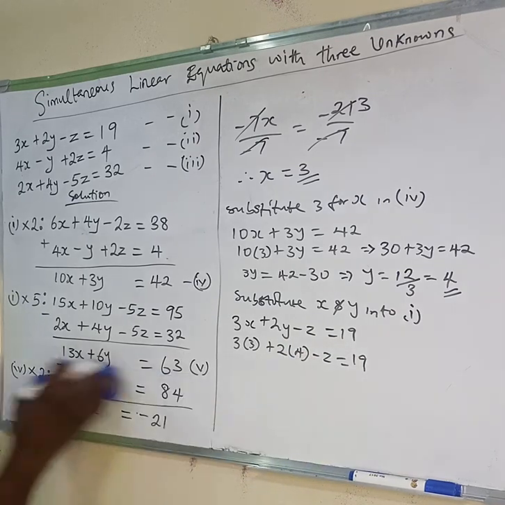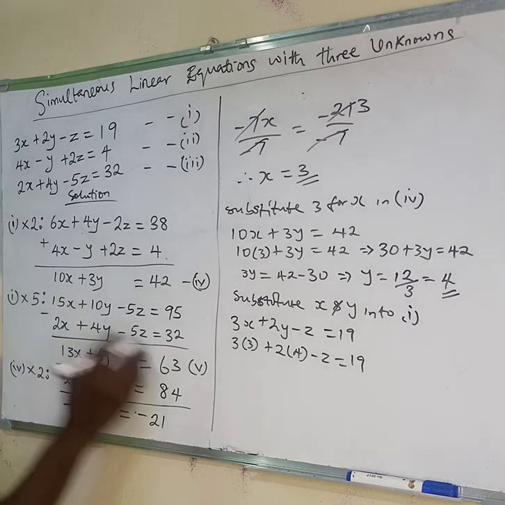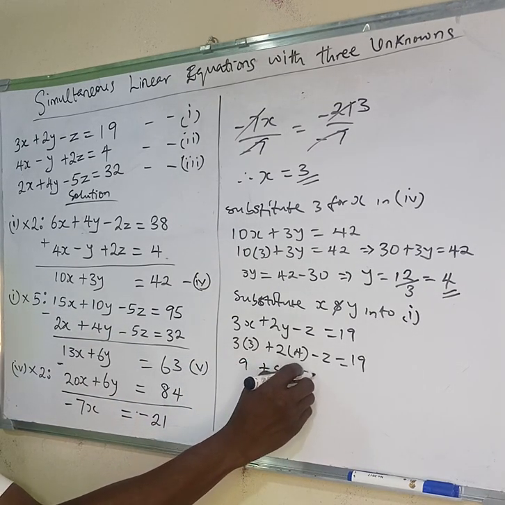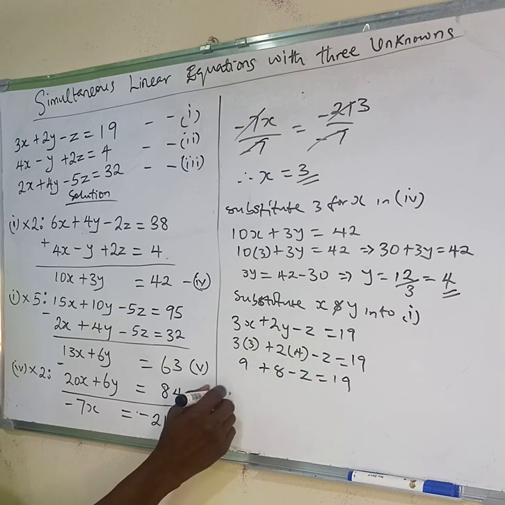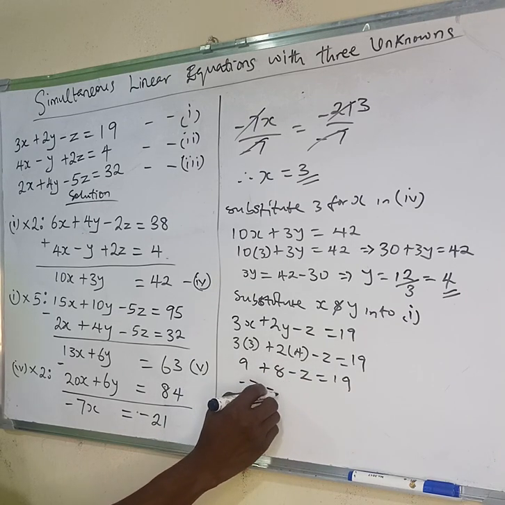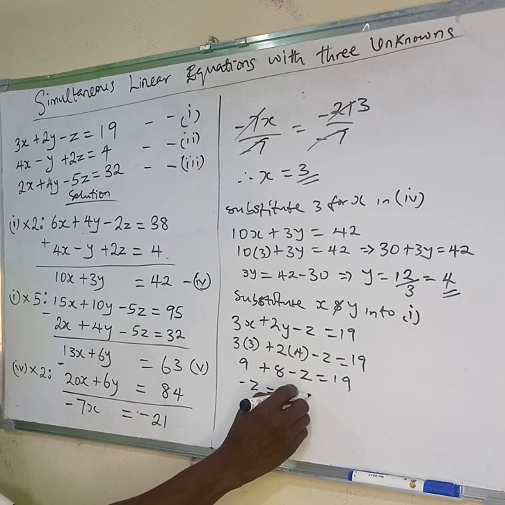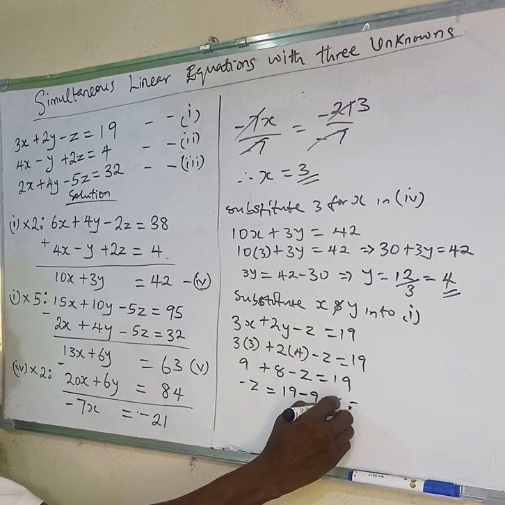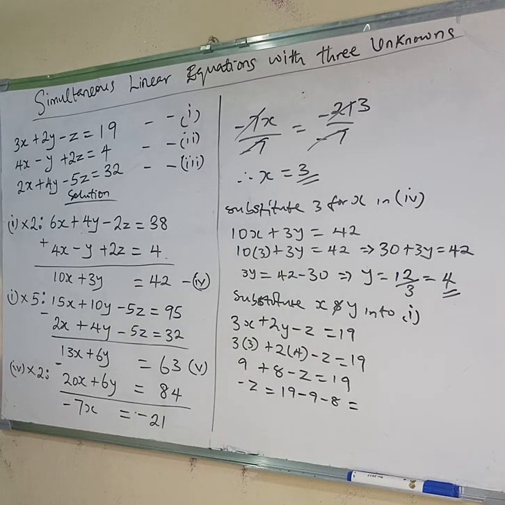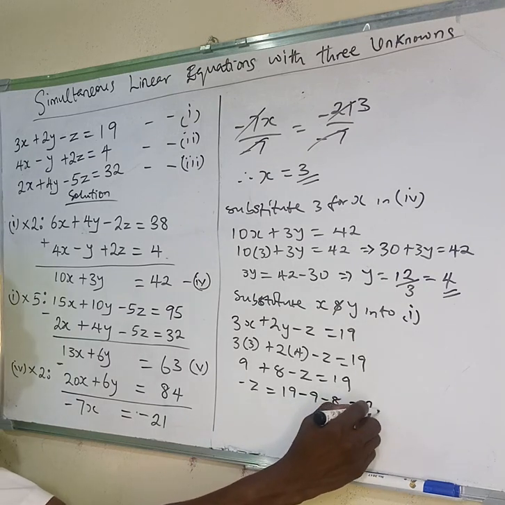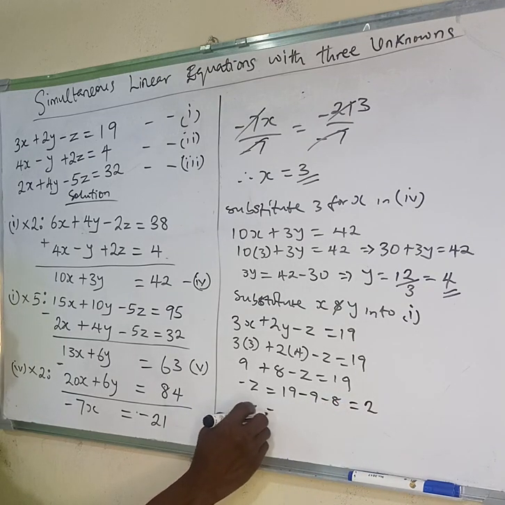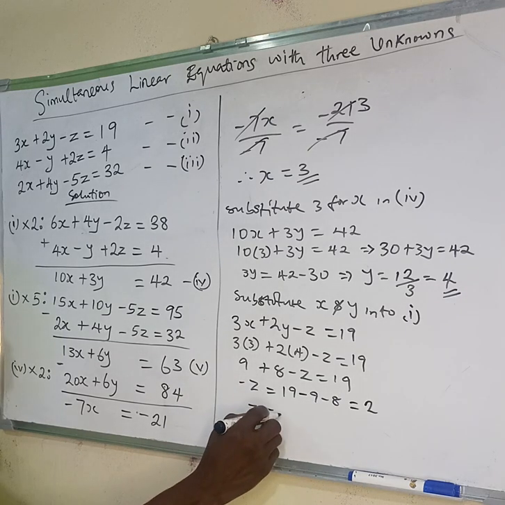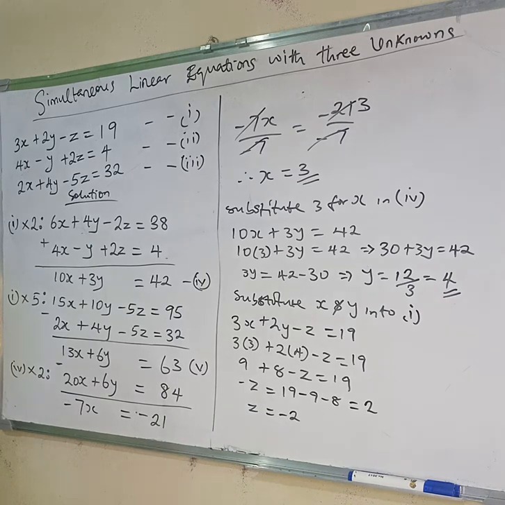This implies that 9 plus 8 minus z is equal to 19. So negative z is equal to 19 minus 9 minus 8. 19 minus 9 is 10, 10 minus 8 is 2. Since we have negative z equals 2, z is equal to negative 2 if we multiply both sides by negative 1.